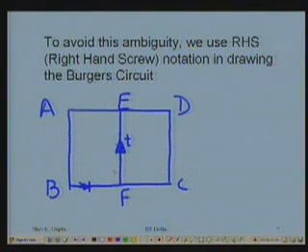All parallel vectors, wherever you draw, the same name we give them. So this is the Burgers vector we find.